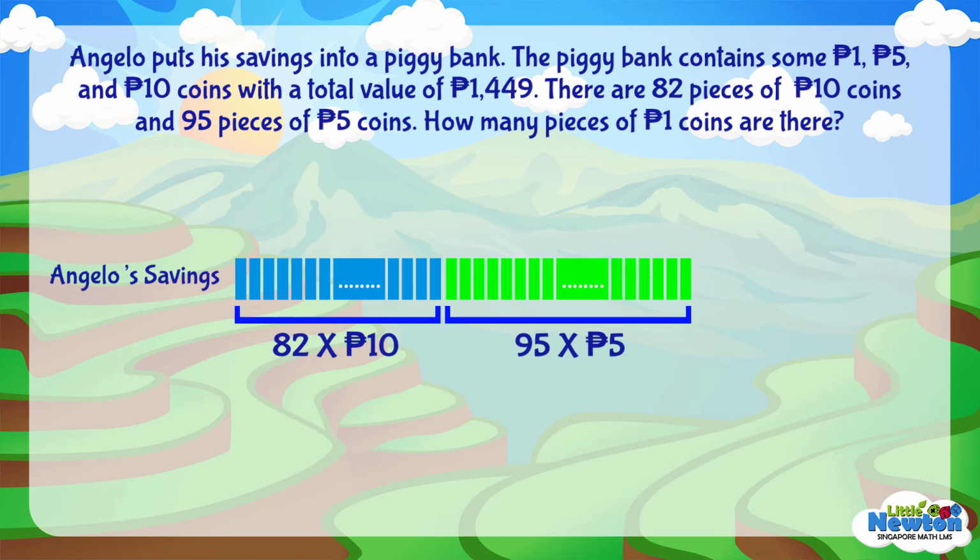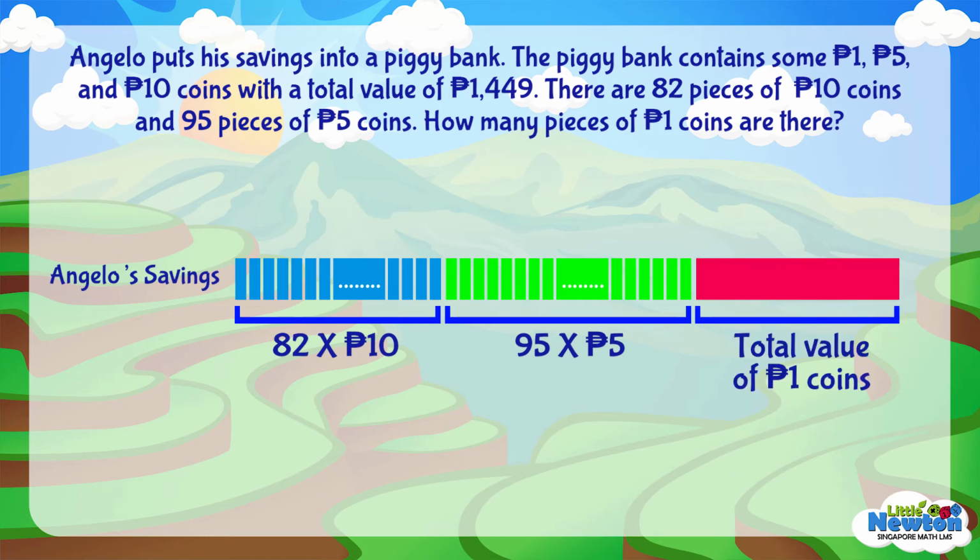Finally, let's use a third rectangle to represent the total value of 1 peso coins and divide the rectangle into an unknown number of parts. We use a question mark to represent the unknown number of 1 peso coins that we need to find. Each part represents 1 peso. The piggy bank contains some 1 peso, 5 peso, and 10 peso coins with a total value of 1,449 pesos.